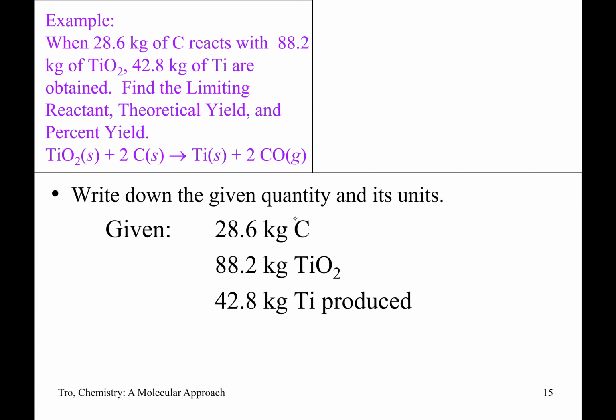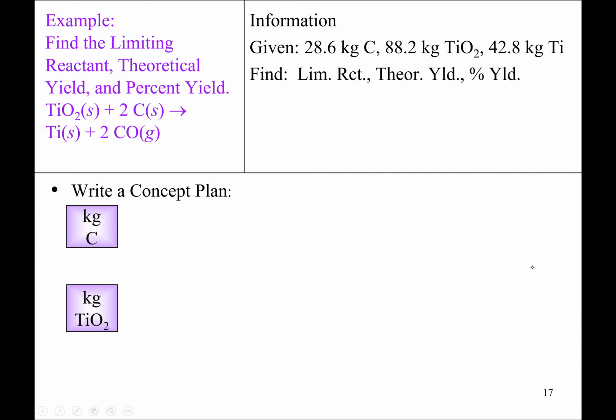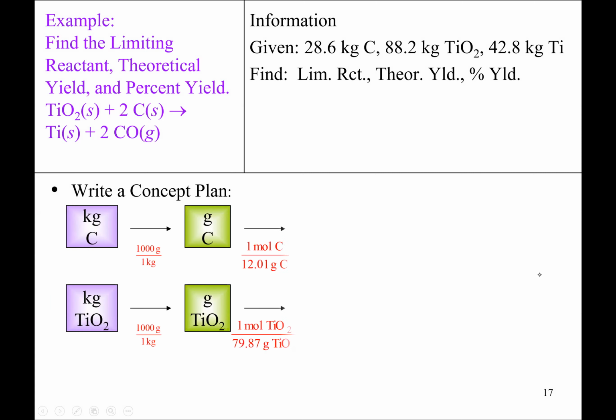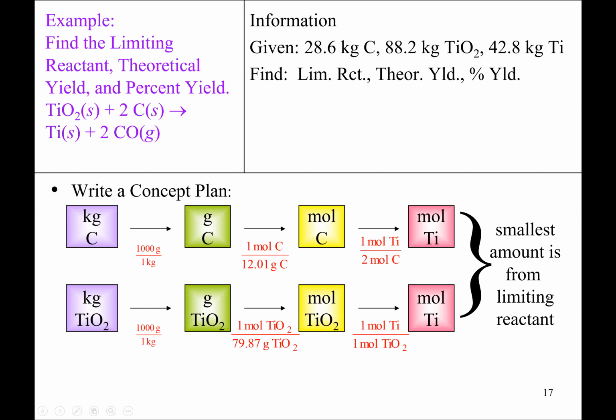If the quantity for only 1 reactant is given, that is the limiting reactant and you don't have to search for it. If quantities for 2 reactants are given, then you have to find the limiting reactant. When you have kilograms, first go to grams, then to moles, because it is much easier to find the limiting reactant with moles.